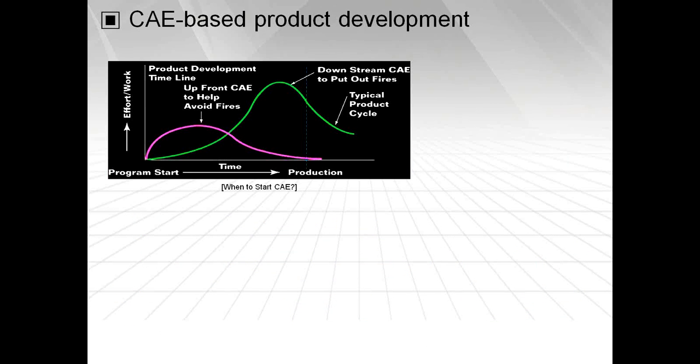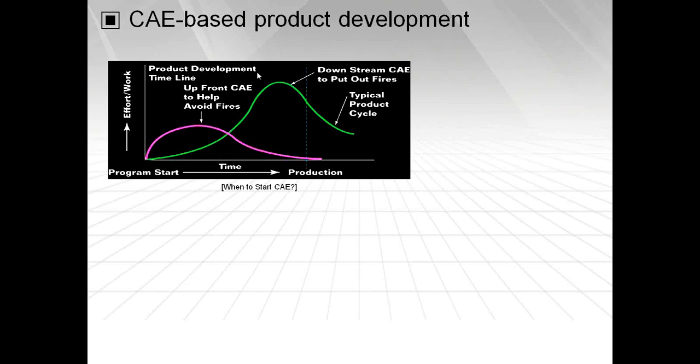So as you see, there's two curves which are typical curves for companies who are doing CAE-based product development. The curve in green is the usual curve, when CAE is used downstream in order to put out the fires. What I mean by that is you do the product, you do the physical testing, and you see there's a big problem in your design. So at this time you will require to use CAE in order to find a way to modify your design and make it better.